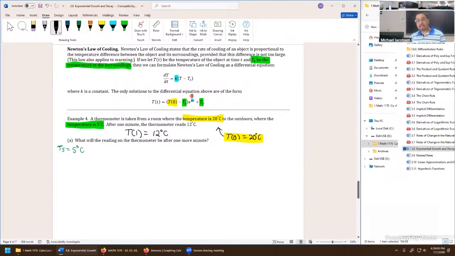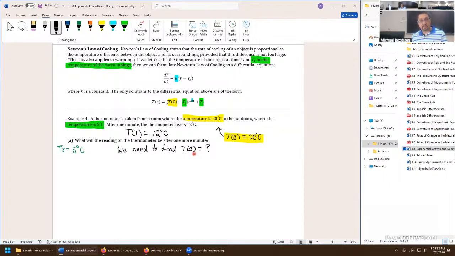What's missing is k. Once we have the value for k, we can evaluate the temperature at time 2. So let's say we need to find temperature at time 2. The reading of the thermometer after 1 more minute implies that's the whole question to the problem. Put a question mark there.